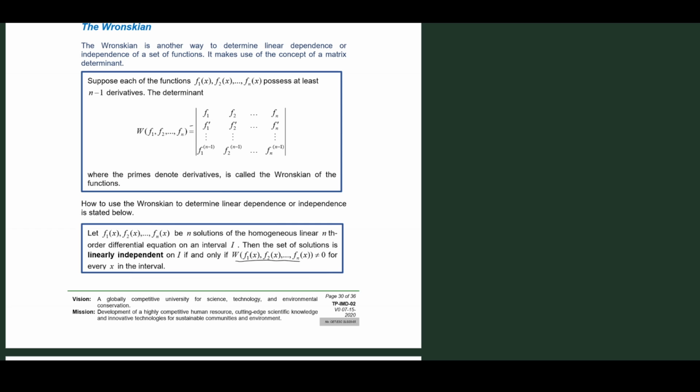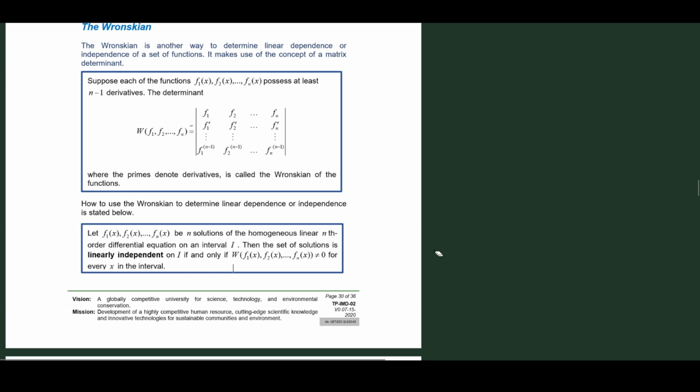Okay, so this can be a little bit tricky. The only thing that we have to remember here is that if we find even a single x value where the Wronskian is not equal to 0 along the interval, that means that the set of functions is linearly independent.